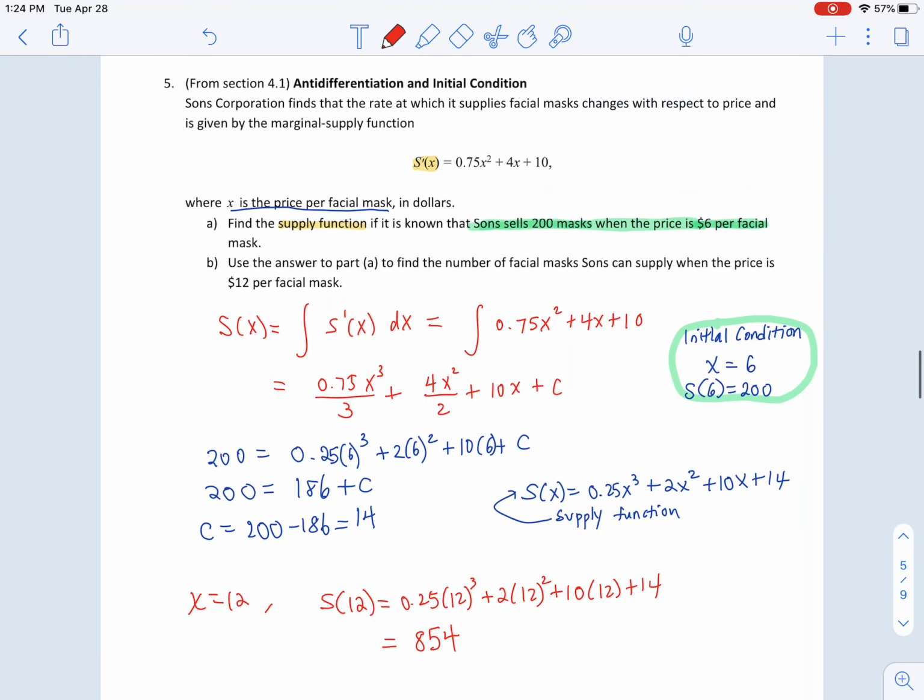You have to be careful with units in this section. S of x, I think, is just the number of masks. So if I can charge people $12 per facial mask, I can supply 854 facial masks.